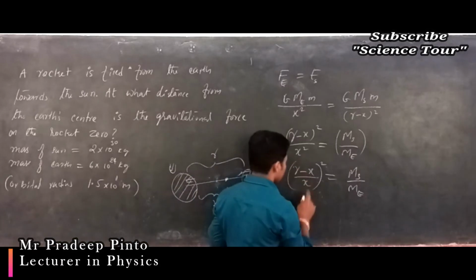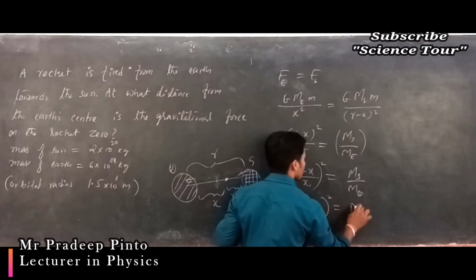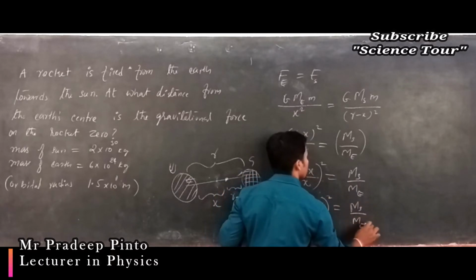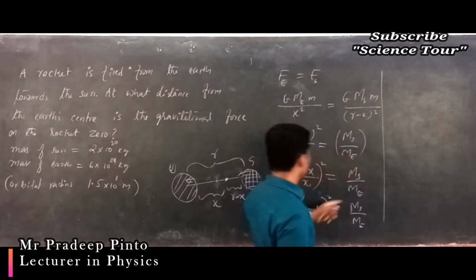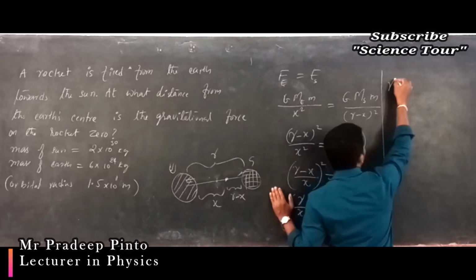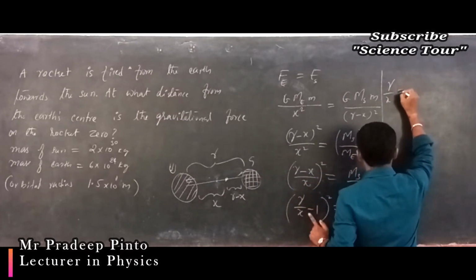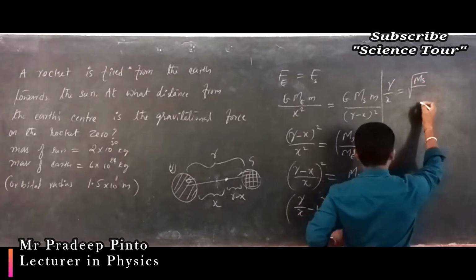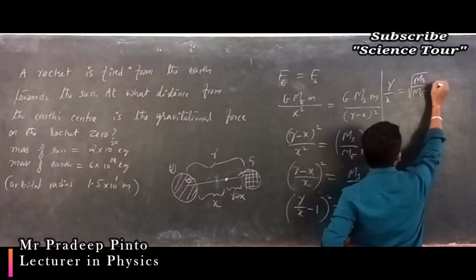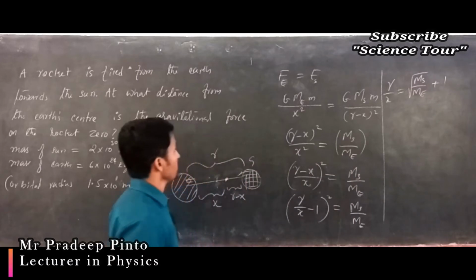So r by x minus x by x, which is 1, whole square, is equal to Ms by Me. Next, I take the square root: r by x minus 1 equals square root of Ms by Me, so r by x equals square root of Ms by Me plus 1, the minus 1 goes there and becomes plus 1.